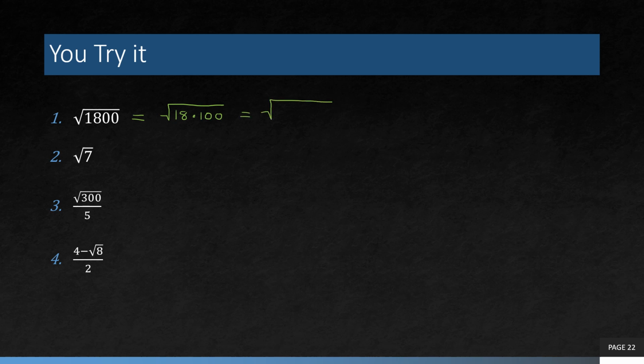So that can be 2 times 9, and 9 is also a perfect square, and then I have 100. So the square root of 2 isn't going to go anywhere. Square root of 9 though is 3. The square root of 100 is 10. And then I have square root of 2 left over, so that becomes 30 rad 2.